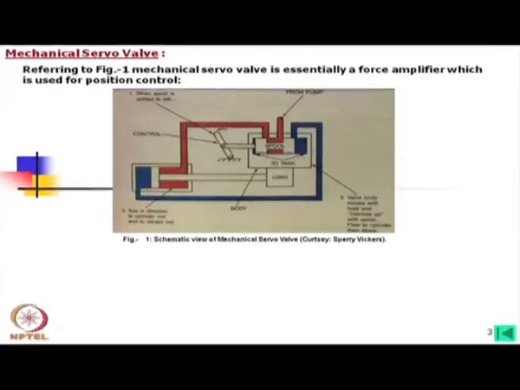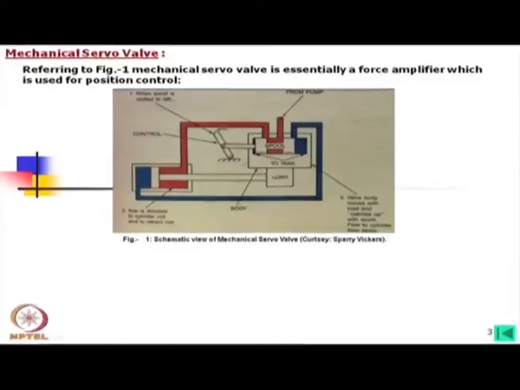Now, what we look into is a schematic view, a figure of a hydraulic circuit. What we find here is a cylinder, and this is the high pressure side, this is the low pressure side, and here is the load.